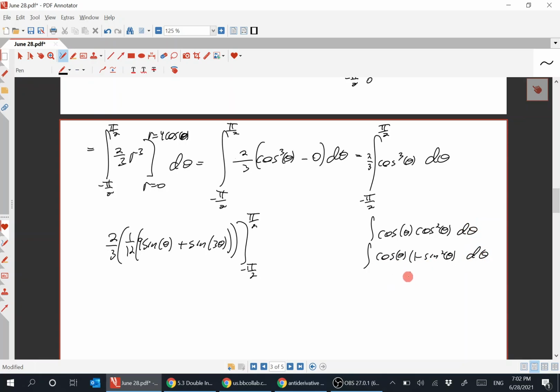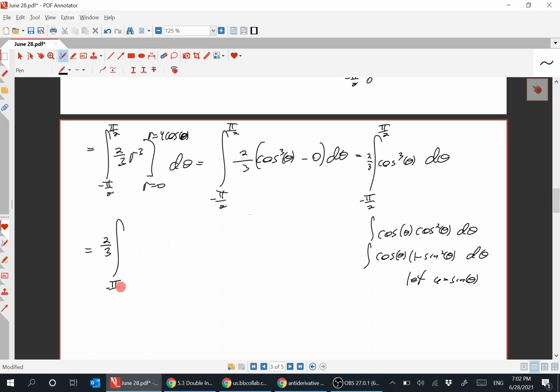And then you let u equal sine theta, and it cancels out the cosine theta. So why don't we do it that way rather than looking it up on Wolfram Alpha. All right, so this is equal to 2/3 integral from minus pi over 2 to pi over 2.